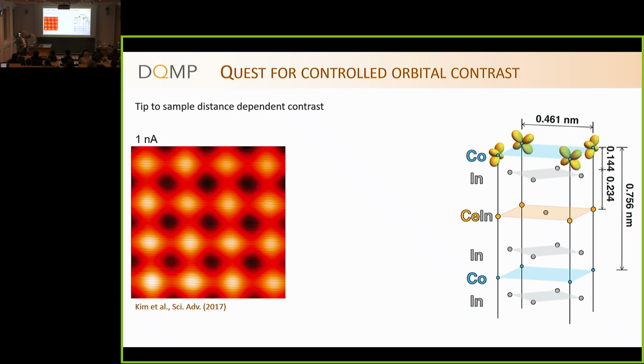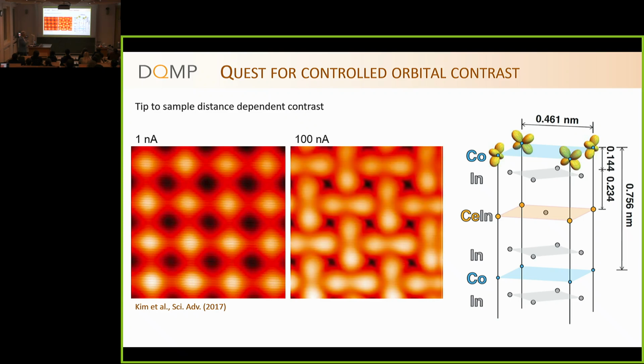Now you bring your tip much closer, and this you do by increasing your tunneling current. Then you see that these things here start to change the shape. And actually, if you compare the model with this thing, this is most likely a picture of the orbital structure. So now it's not just the electron cloud around an atom seen from far, but going close enough, you can start to see the spatial modulation of your electron cloud, which is, I mean, that's the orbitals.